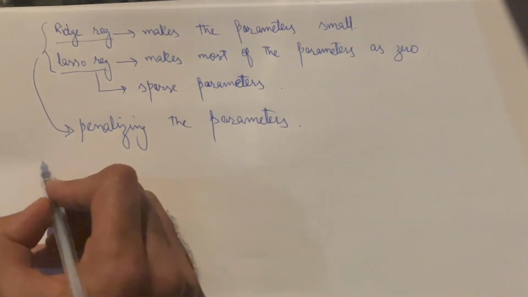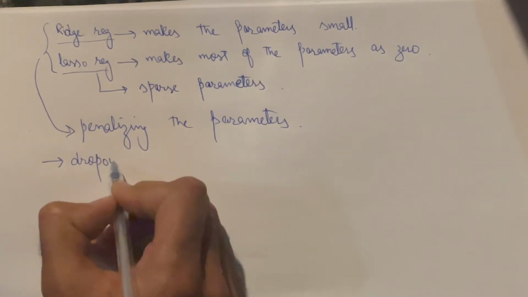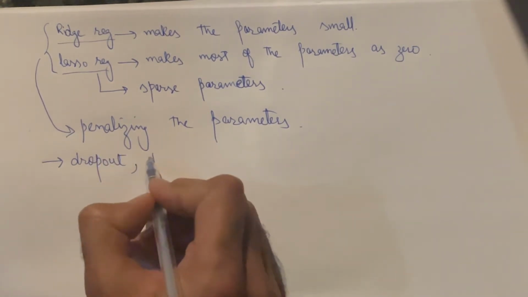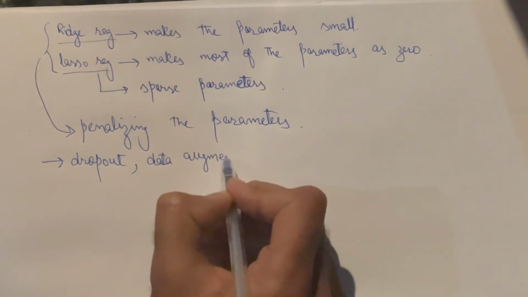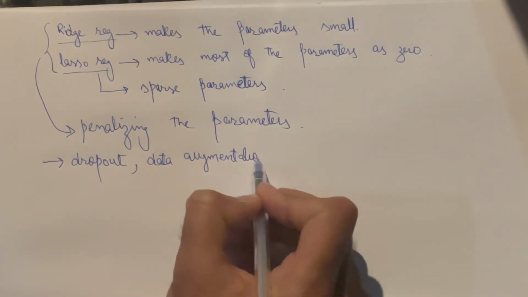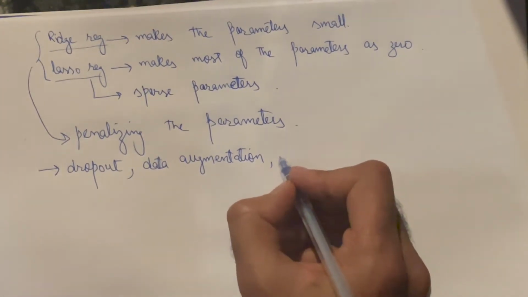For example, there is a technique called dropout, another technique called data augmentation, and another technique is early stopping.